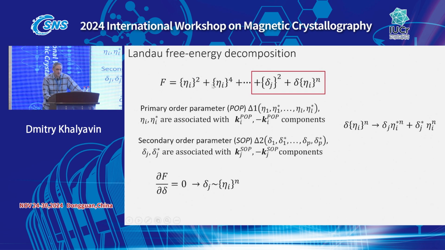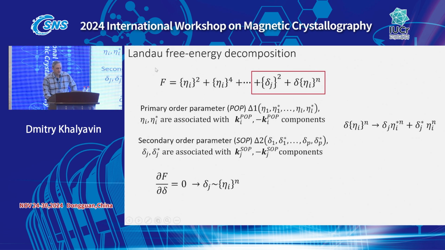Each of the terms in this decomposition must be invariant with respect to all symmetry operations of our parent structure, because free energy is a scalar quantity, and a scalar is invariant under all symmetry operations. In this example, eta is a primary order parameter, the one which breaks the symmetry.